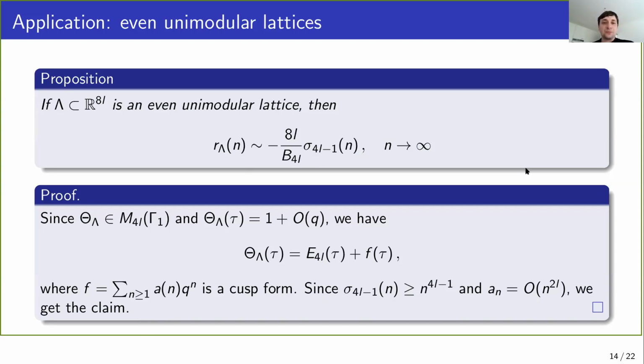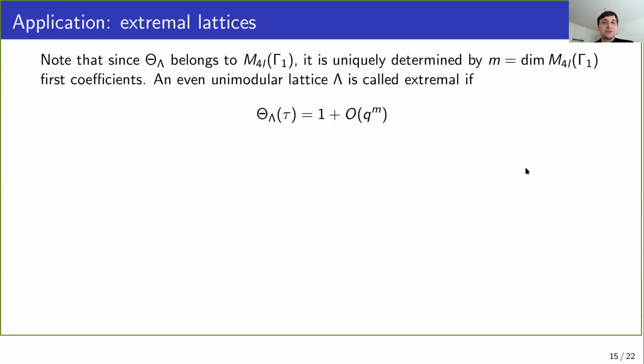Okay. Now there is another application which is a lot more interesting. We know that the space of modular forms is finite dimensional. Because of the way it's constructed, one can actually prove that there is a sort of echelon basis. If you specify any values for the first m coefficients, there is a unique form with these first m coefficients.